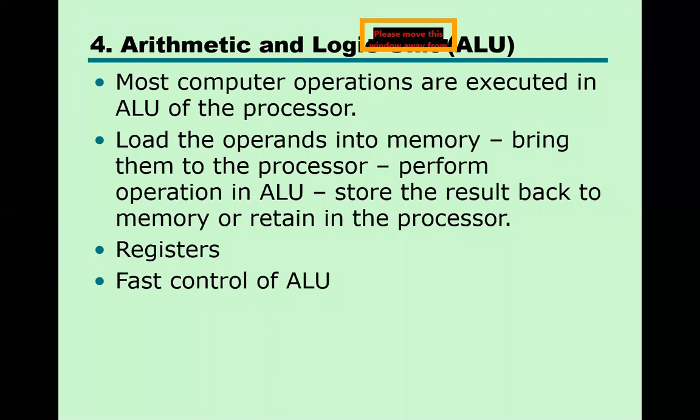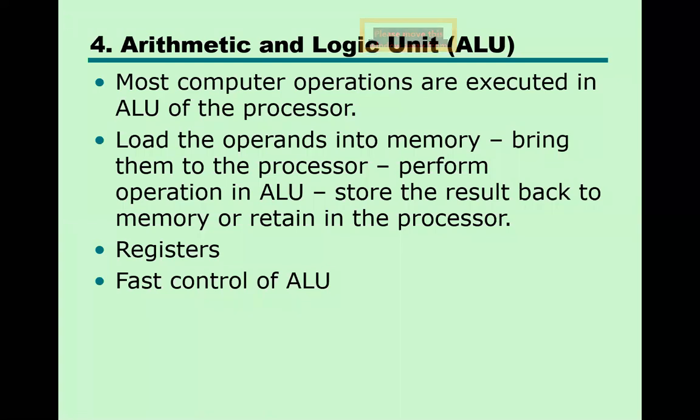So it will load the operands from memory. For example, suppose you want to perform an addition operation. A and B are the two operands, where A is equal to 10 and B is equal to 10.